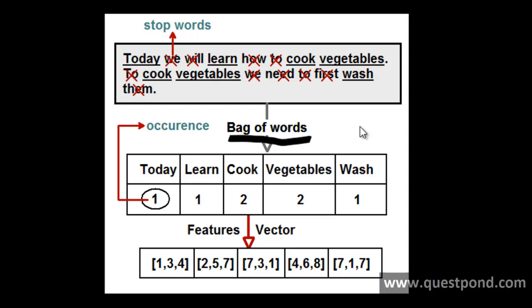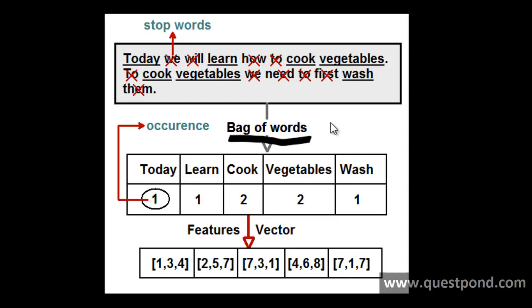One part of the process is that we try to avoid stop words. For example, words like and, the probably do not give you a simplifying representation of the document. So we can apply stop words, like you can see we are not extracting we, will, how, to, them. We can apply the stop word process so that we only extract the important words from that two-liner text.